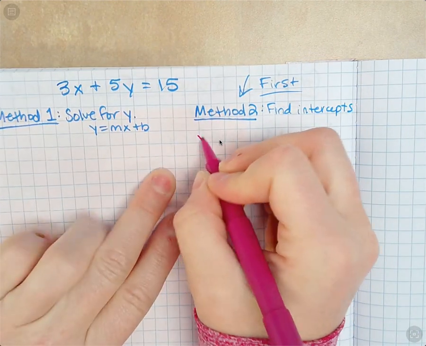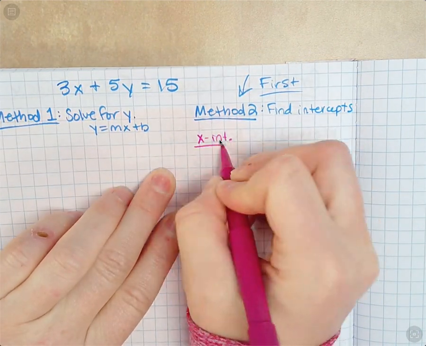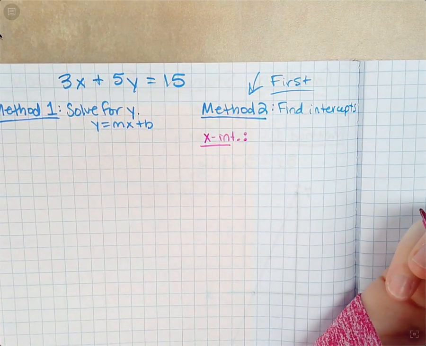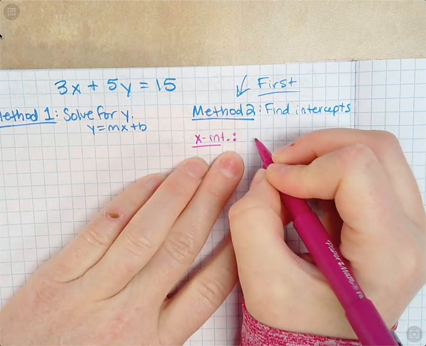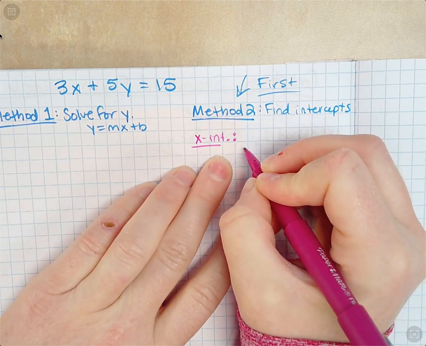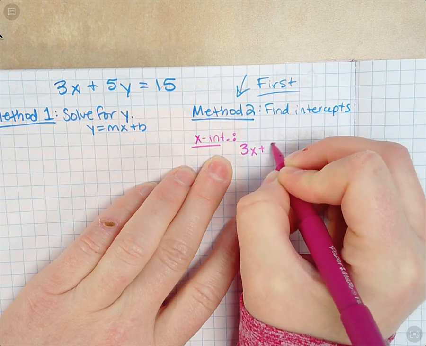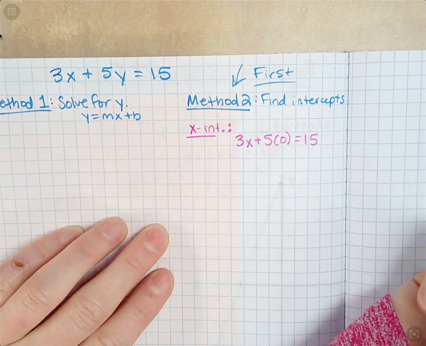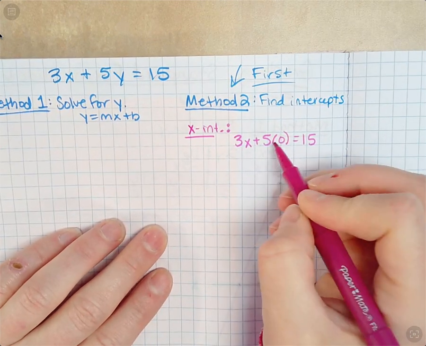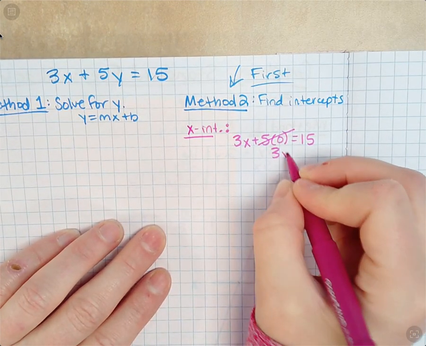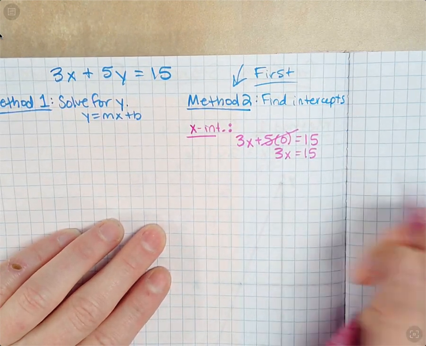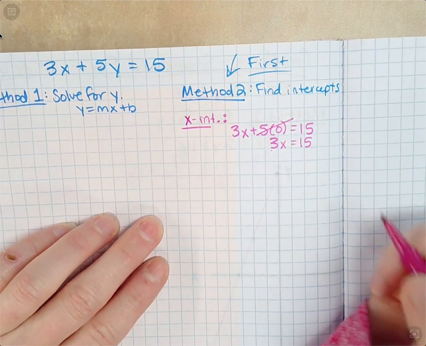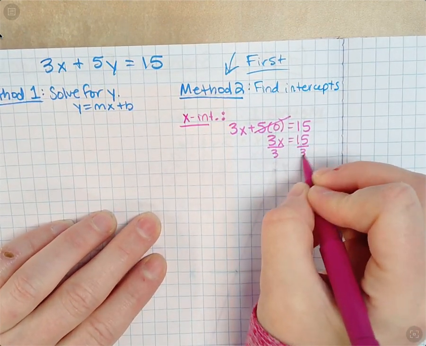Okay, so we want to find our x-intercept. In order for us to do that, what do we need to plug in? Yep. So we'll have 3x plus 5 times 0 equals 15. That goes to 0. 3x equals 15. Divide by 3. X equals 5.